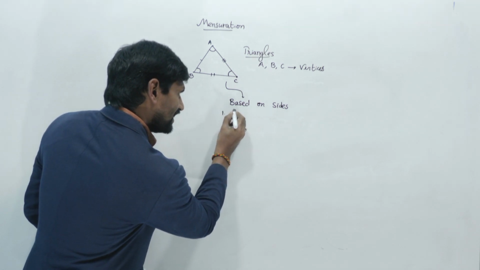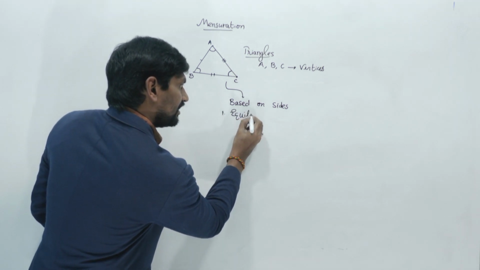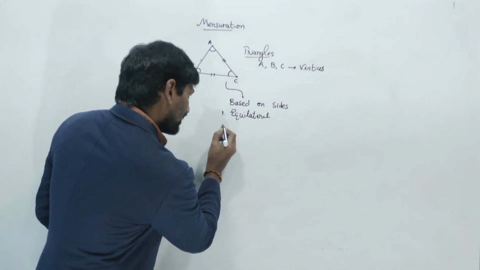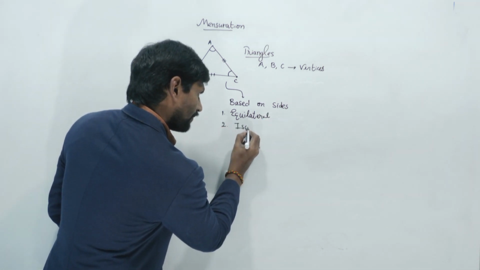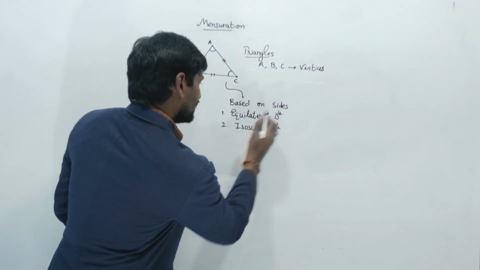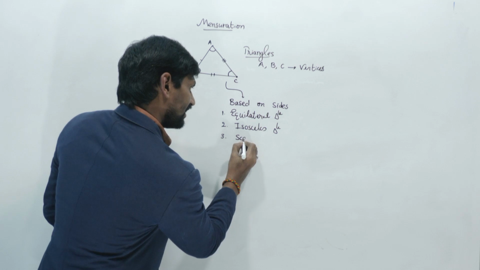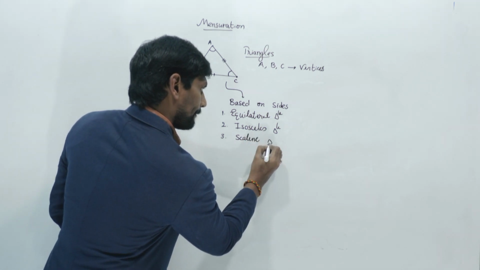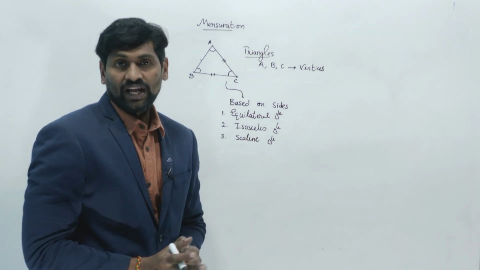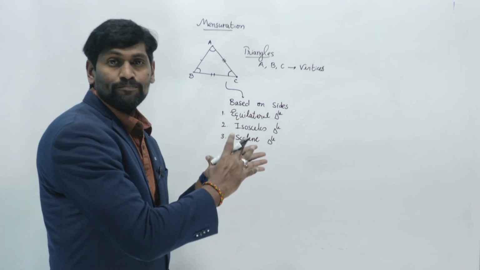First is the equilateral triangle, the second is the isosceles triangle, and the third is the scalene triangle. These three types of triangles are taken from sides.